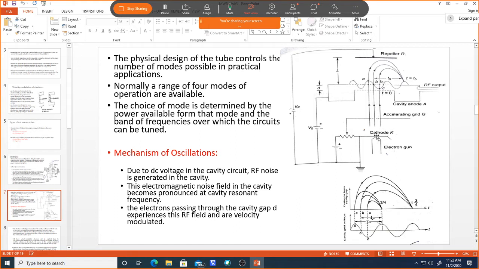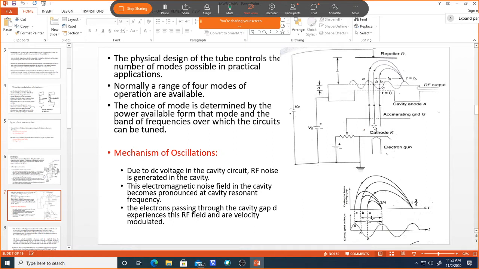So when the electrons pass through this cavity, they experience this RF field. Say, for example, we are taking three electrons here, A, B and C. Whenever electron A passes through this cavity, if it experiences the positive cycle of the RF field produced by the cavity, it will accelerate.